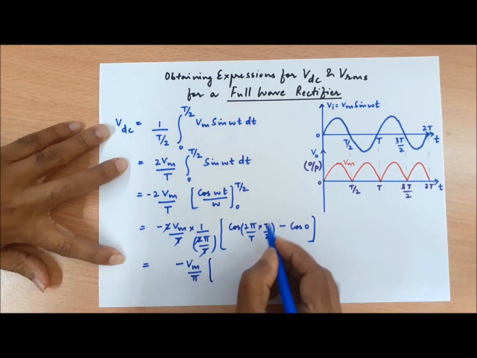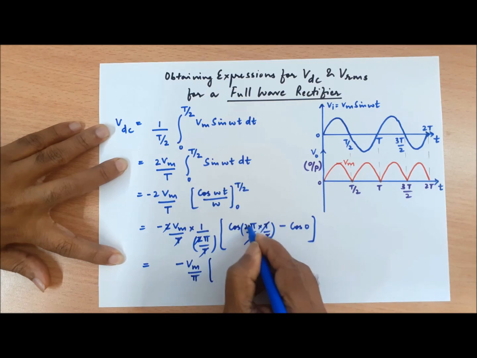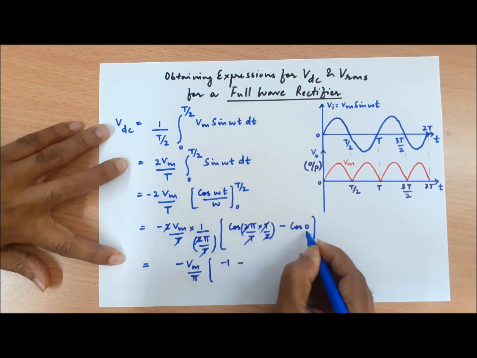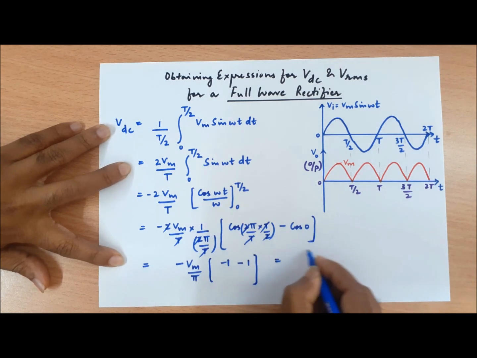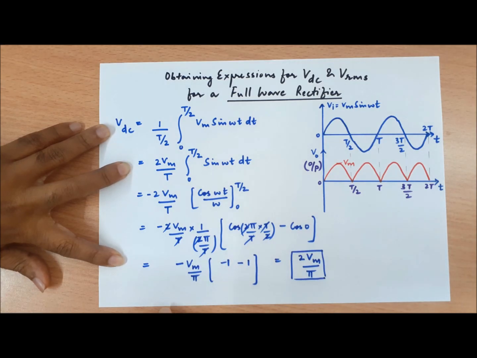Within the brackets, T gets cancelled, 2 gets cancelled, so cos of pi is minus 1, minus cos of 0 which is 1. So if I further simplify, I'll be getting 2 Vm upon pi. This is the expression for VDC, or the average DC voltage, of a full wave rectifier circuit.